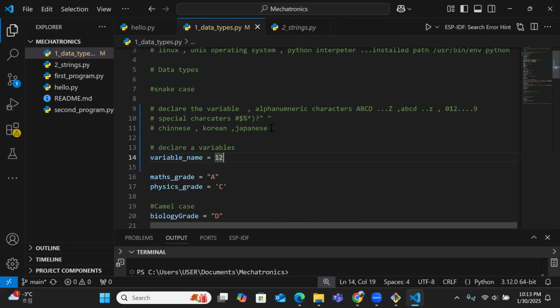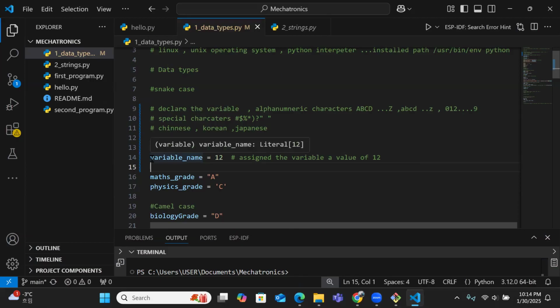And then when you do is equal to 12, you have assigned the variable a value of 12. Can you see that? You have assigned the variable.